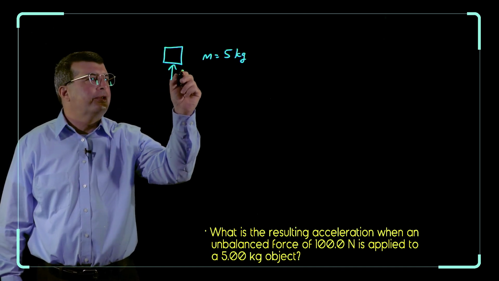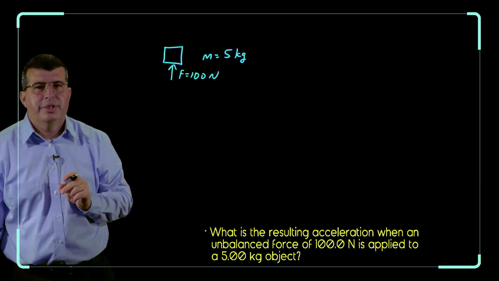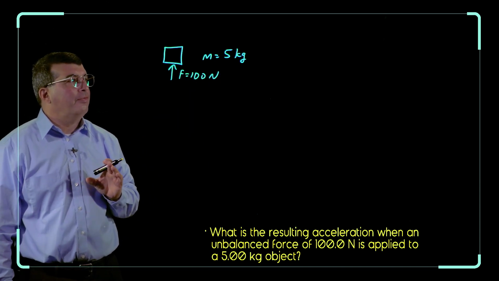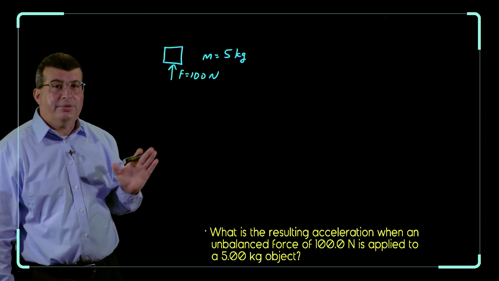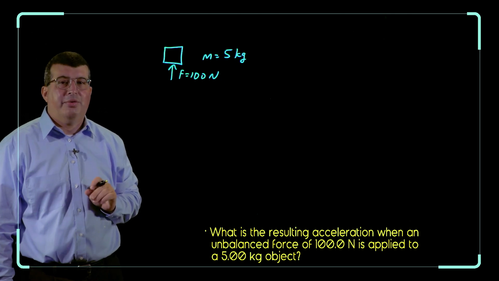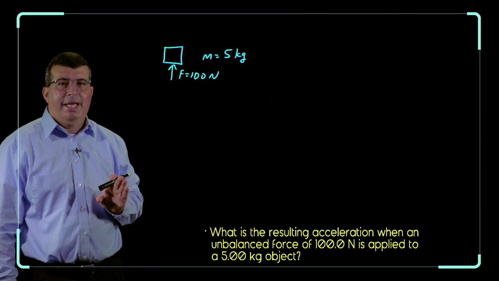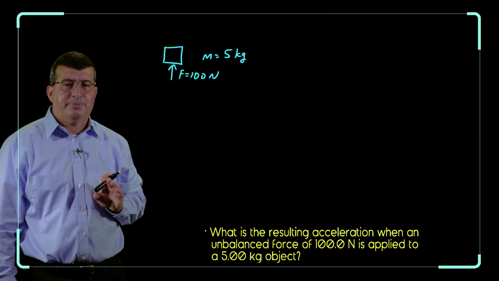So force is equal to 100 newtons. So I have a 100 Newton force, which is unbalanced by anything else. So I have a 100 Newton unbalanced force acting on a 5 kilogram mass. I've gotten all my data, I've drawn my diagram. And the question is, what is the acceleration?